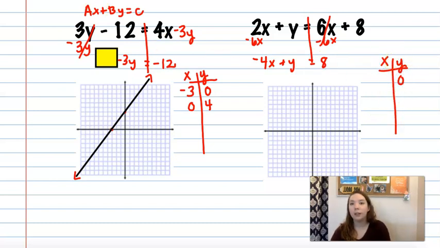So when y is 0, it means I can cover up that piece. 8 divided by negative 4 is negative 2. And when x is 0, y equals 8. And there's my nice straight line.